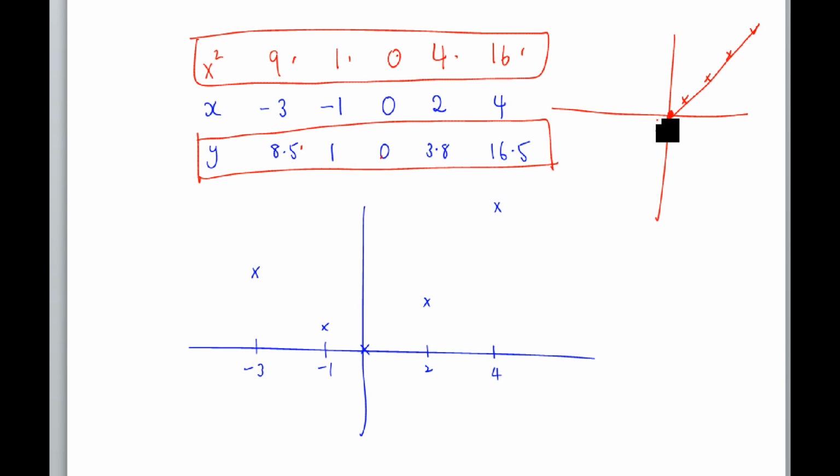So what we are trying to say now is, actually x squared and y are linearly correlated. So this is a technique.